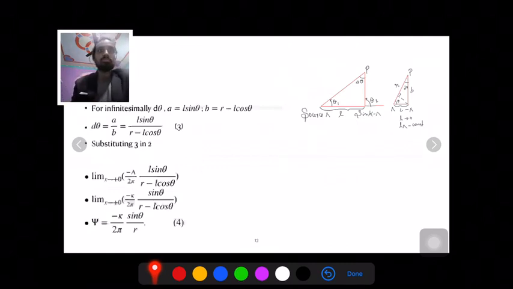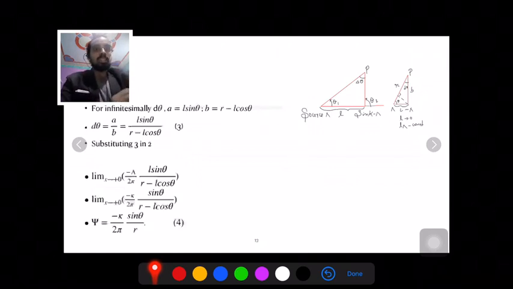Since we have placed the source to the left and the sink to the right, the direction of the flow is out of the origin to the left. Again, my limit is tending to 0.